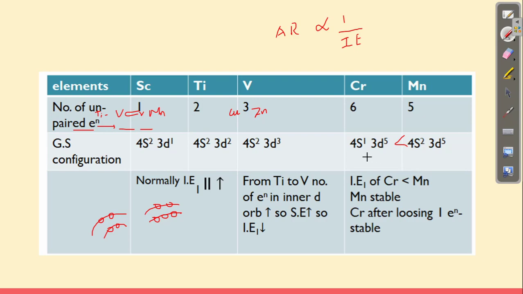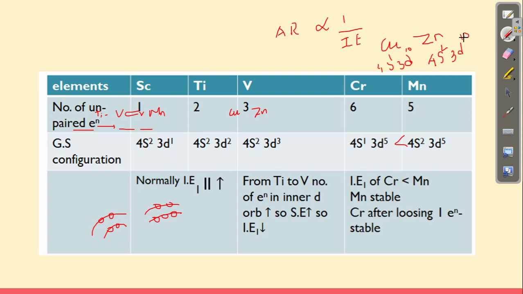But the same thing for copper and zinc. What is the electronic configuration for copper? It is 4s1 and 3d10, and for zinc it is 4s2 and 3d10.